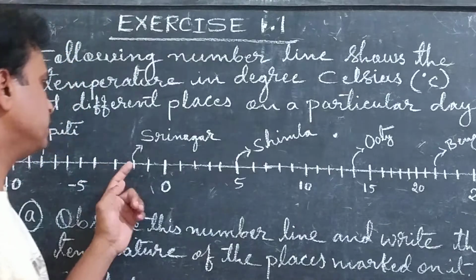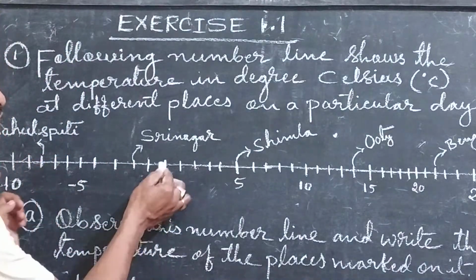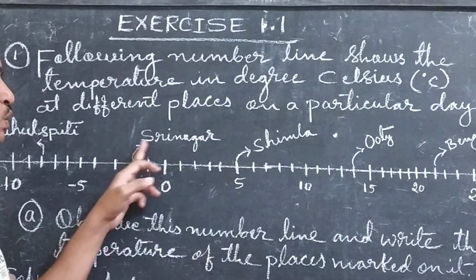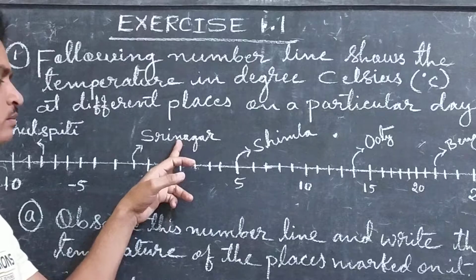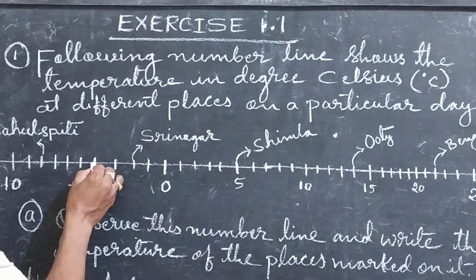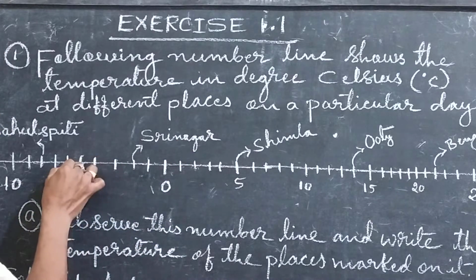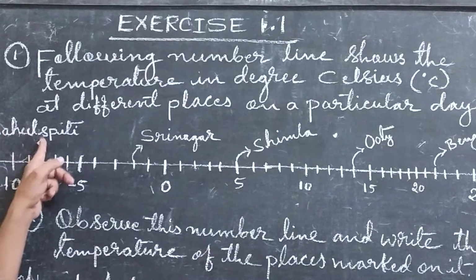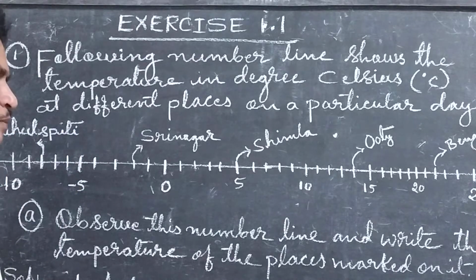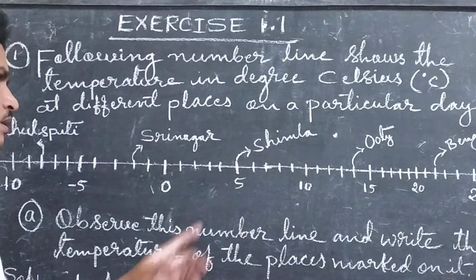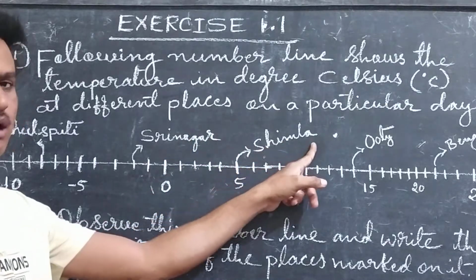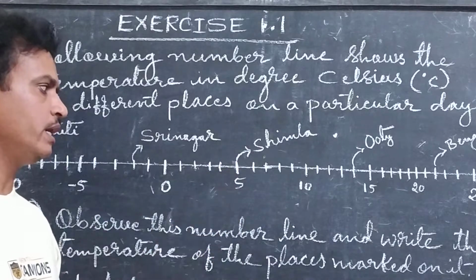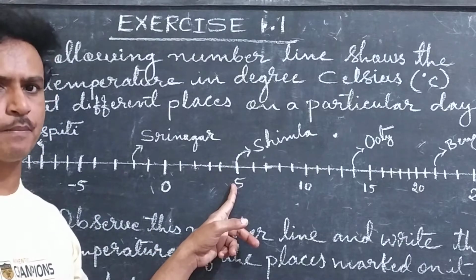Then the left-hand side: from 0 you will get minus 1, minus 2. Minus 2 is Srinagar. Then minus 3, minus 4, minus 5, minus 6, minus 7. Here minus 8, that place is Lahaul Spiti. From this we can understand: Simla, on that particular day the temperature is 5 degrees Celsius.